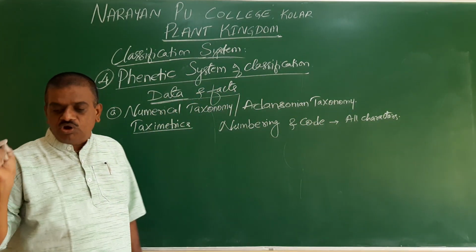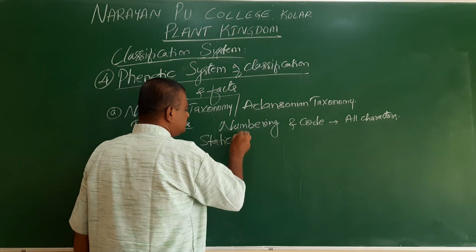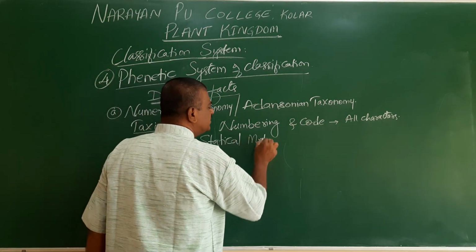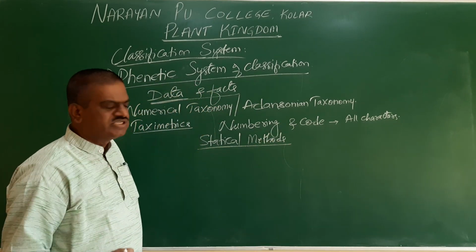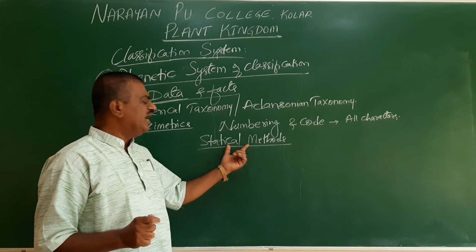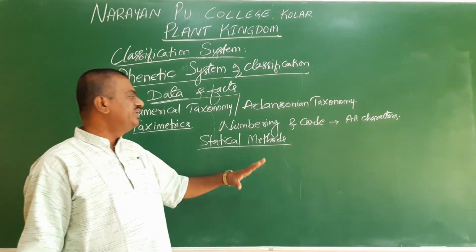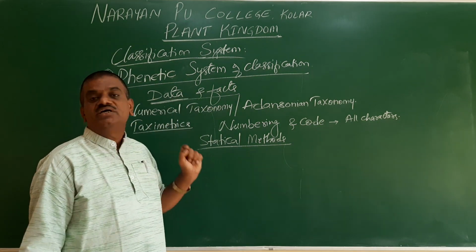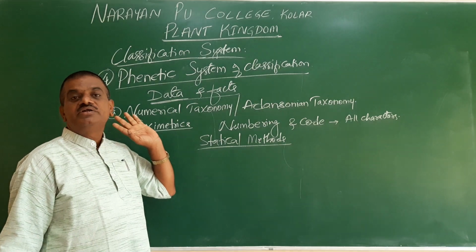So it is also called the statistical method of characters. Various characters are taken, classified, and fitted based on the data in the computers. So it is called numerical taxonomy.